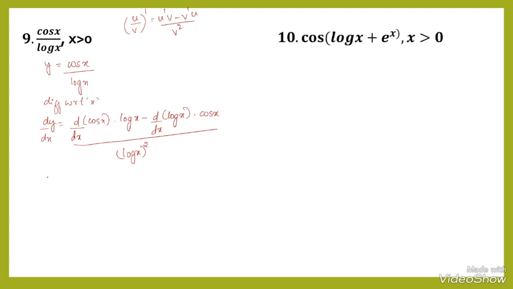Now dy by dx is equal to: d by dx of cos x is minus sin x into log x, minus differentiation of log x, which is 1 by x, into cos x, whole divided by log of x whole square.